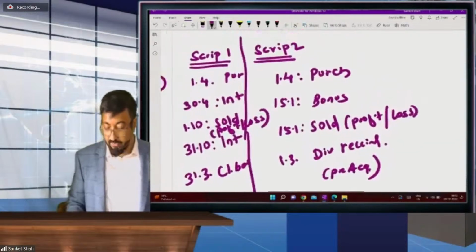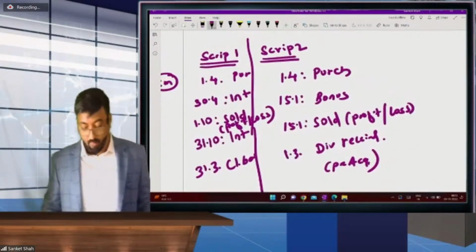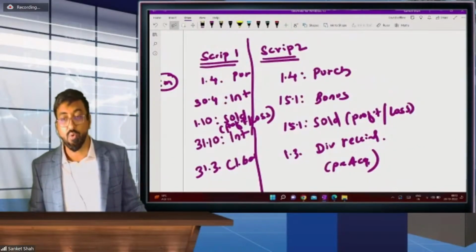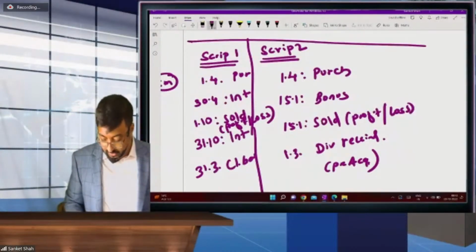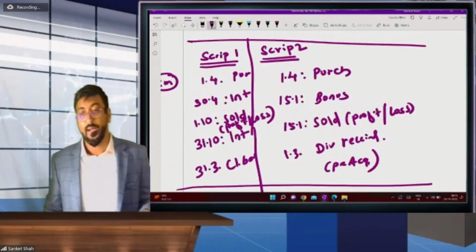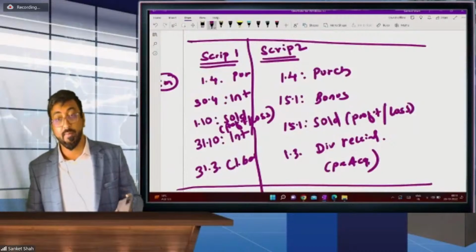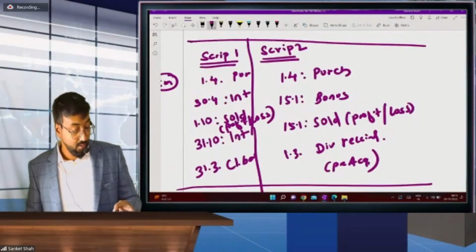Any difficulty understanding the dates? Once you get the date sequence, these questions are really very easy. Script 1 and script 2. Any difficulty understanding the logic behind it?